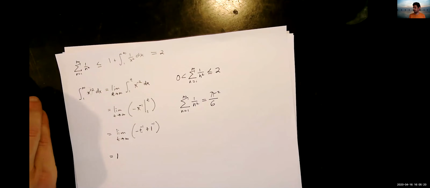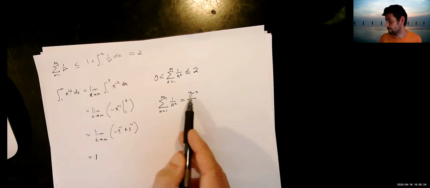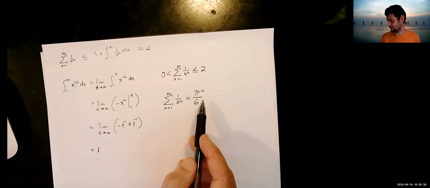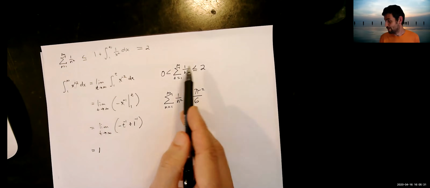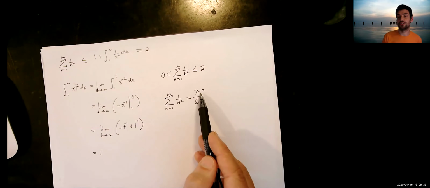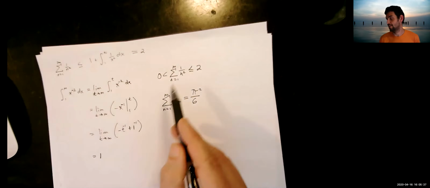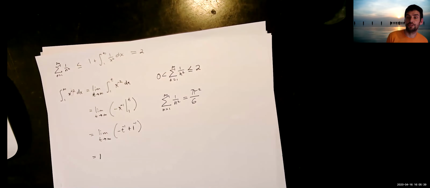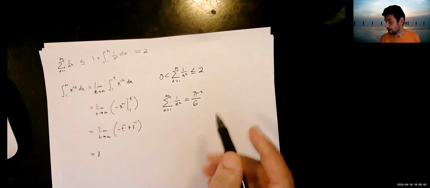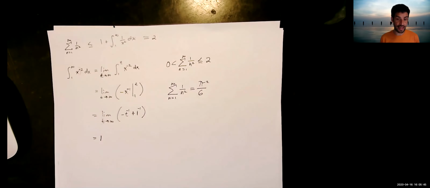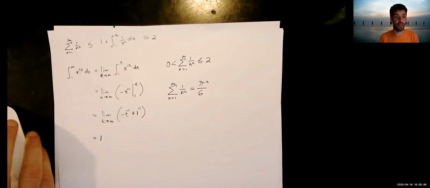The book might even have it, but you can certainly find that proof out there. Which makes sense. I mean, it doesn't make sense that it turns out to be such a regular number, but it certainly fits within our range, right? Pi squared is going to be about 10. So 10 divided by 6 is certainly between 0 and 2. So at least it fits our estimate there, okay? So in any event, that's the big idea of, or at least half of the integral test, okay?